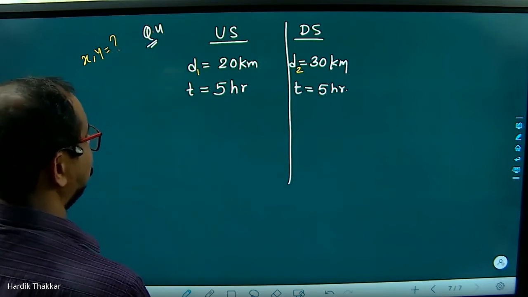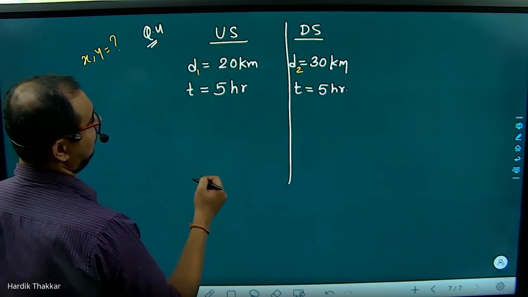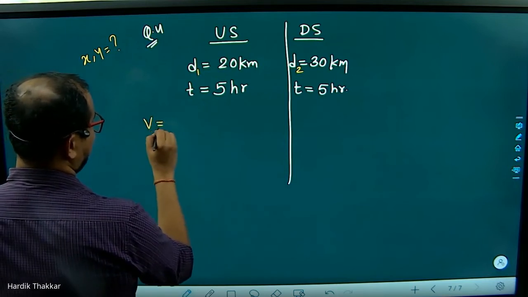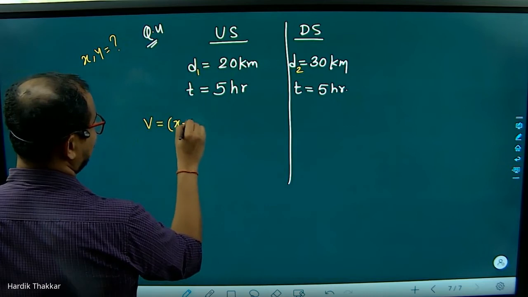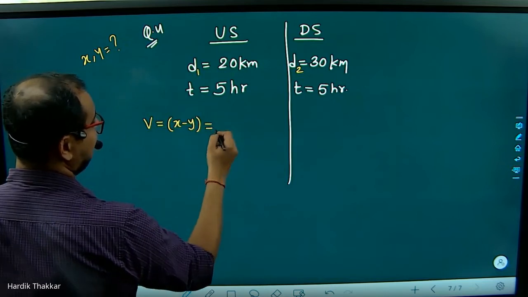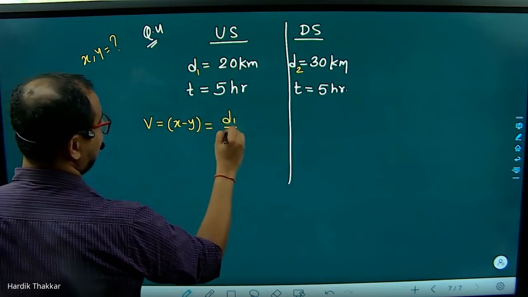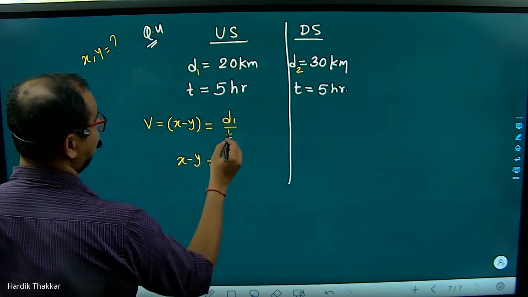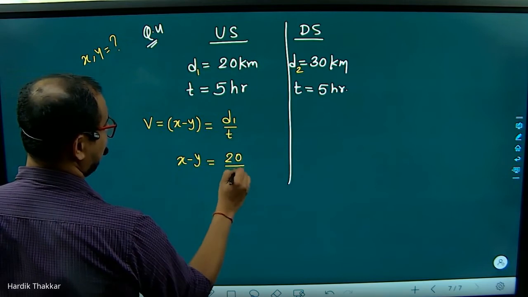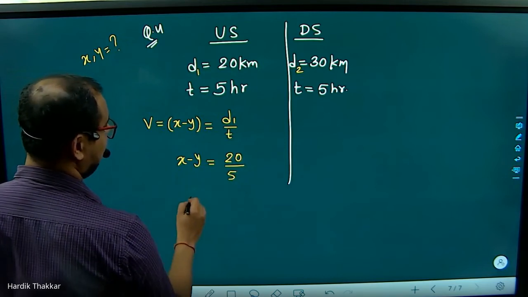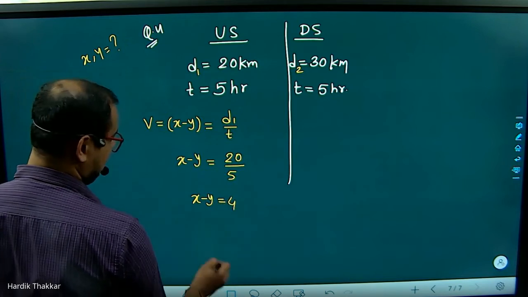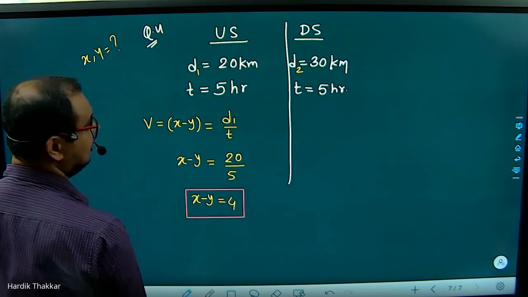So in case of upstream, the speed is considered as v, or we can also write it as x minus y, and speed is equals to distance upon time. So we can write x minus y is equals to distance, that is 20, upon time, that is 5. So you will get x minus y is equals to 4. This will be your first equation.